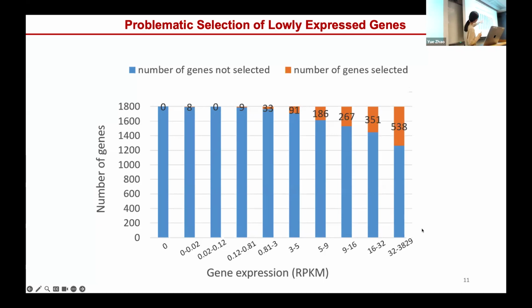The orange color is the number of genes selected by the MAGeCK method. And we can see that with gene expression level increase, we have more genes selected. So this tells us that the selection signal is very strong for highly expressed genes, while it's very noisy for lowly expressed genes.